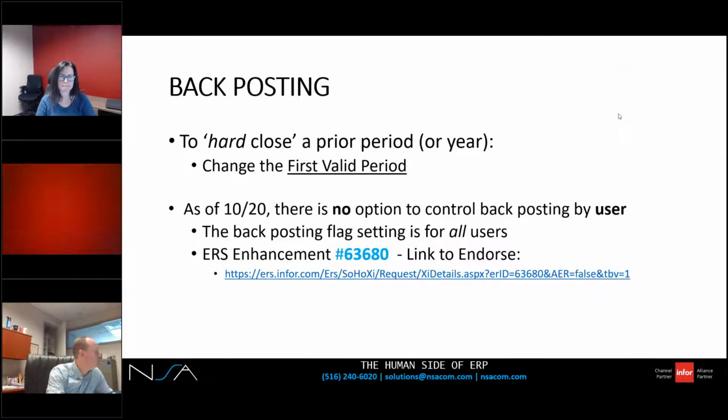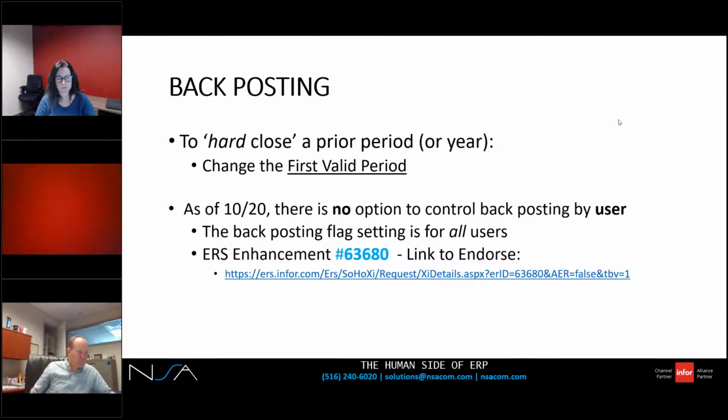As of right now, there is no option to control back posting by the user. So this back posting flag setting is across the board. We run into this question very frequently, where people will say, I don't want anybody accidentally backdating invoice processing or doing stock adjustments or payables or receivables into the prior period, but we need our accounting team to be able to post back into the prior period.